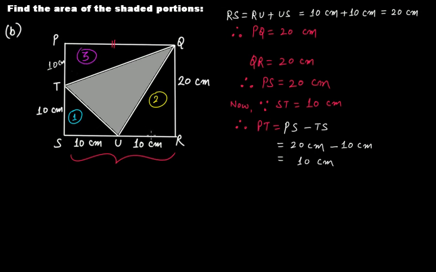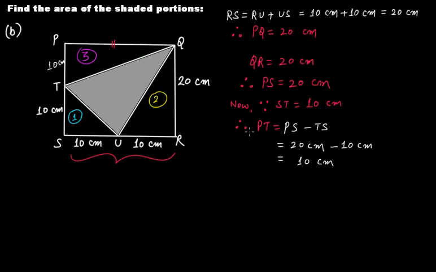So if you first find out the area of the square, and then from that area subtract the area of this triangle plus this triangle plus this triangle, then you get the area of the shaded portion. I am repeating again: area of the square minus the sum of the areas of these three triangles. If you find it out, you'll get the area of this shaded portion, right?